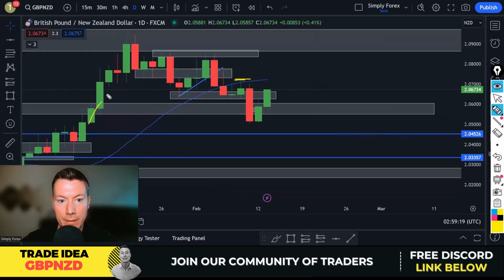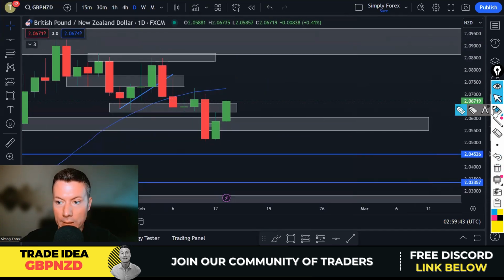Because for me, this is a downtrend, right? And that is the last high, and then it comes shooting down. So we're only wrong if price breaks this level. Right? That's the point at which we're wrong. Until then, this is still a downtrend.